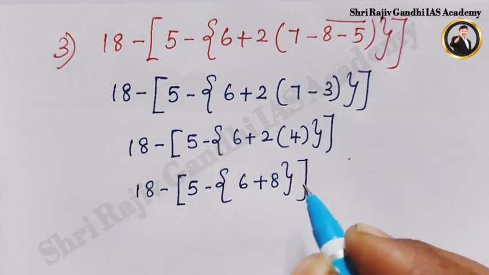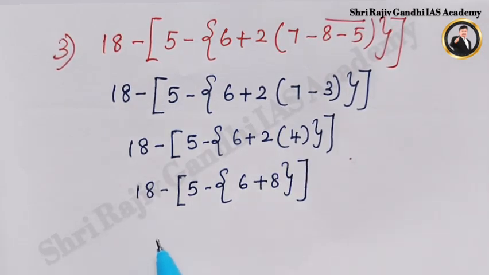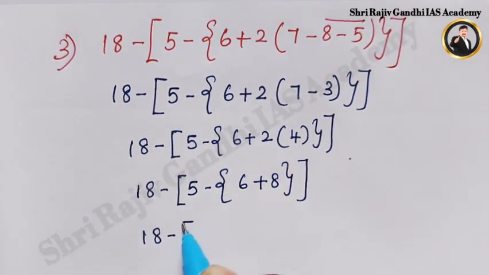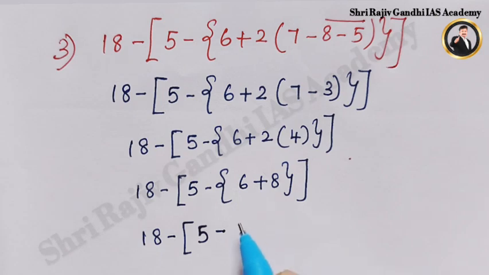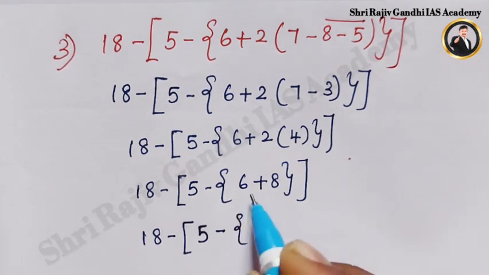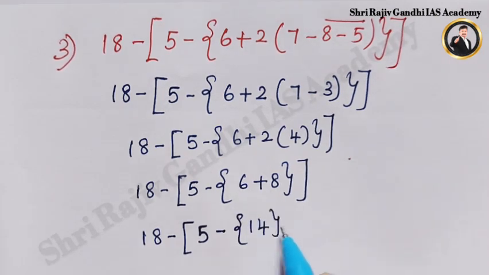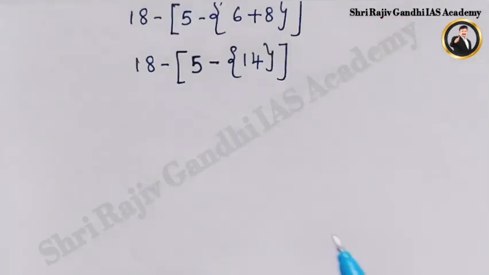So this bracket is released. Again we have to release this bracket. So 18 minus bracket of 5 minus, here 6 plus 8 is bracket of 14.